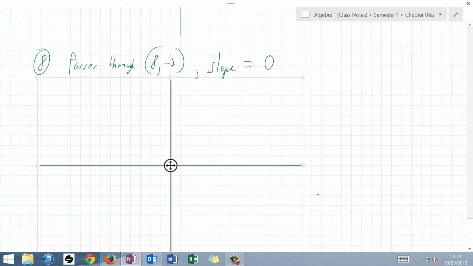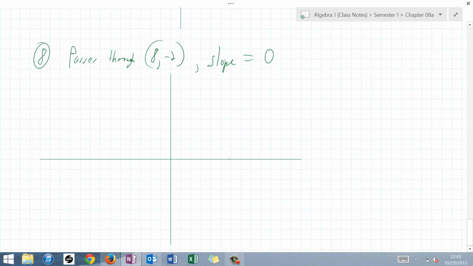So I go to 8, negative 2: right 8, down 2. Slope of 0, well, that's 0 over something, which means that my change in y equals 0. My y is not changing. My x is changing, but my y is not changing.